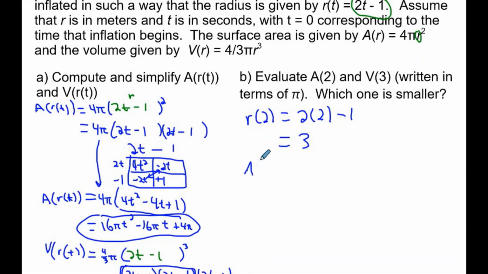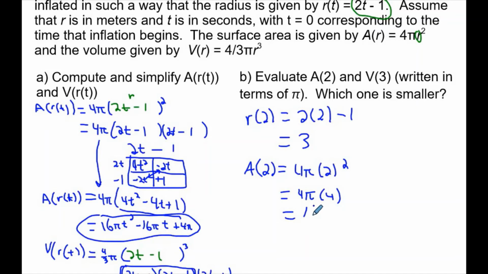So A of 2, remember you're doing word problems, so you have to pay very close attention. The 2 has to go into here and then that would then go into there. So that would be 4 pi and then times 2 squared. Okay, so that would come out to 4 pi times 4, or 16 pi.